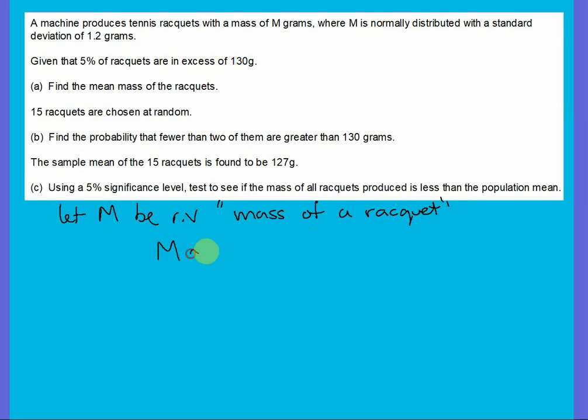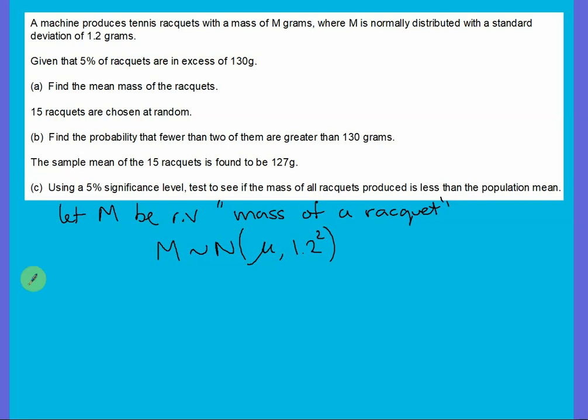And m is distributed normally. So what do we have? Have we got the mean? Okay, no, that's the question. So this is good. So we have the mean, and we have a standard deviation of 1.2. And remember, you must write squared because we're writing the variance as one of the parameters.